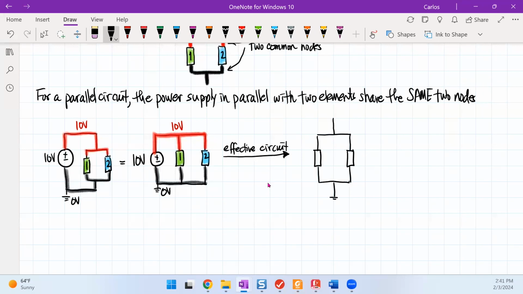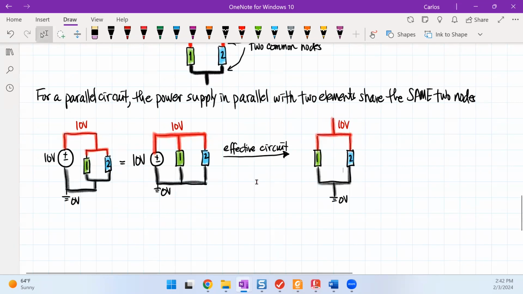So once again, setting up my voltage sources, I could then say that here's my top node, and we know that this is 10 volts. Here's my ground, and we know that's 0. And then when I look at my voltage across my elements, we can see here is that each element has the same voltage drop across.